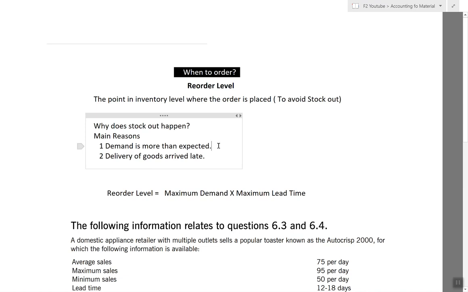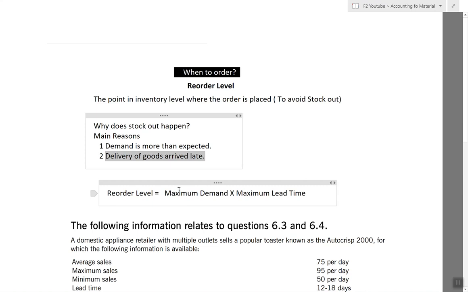When company placed order, the demand was the highest, because of which, before the new order came, the previous one was consumed. The second reason is, even though order was made on time, the delivery came late. They took the longest that it could take. So even if we sell the highest quantity, even if delivery comes very late, we should still have inventory until the last day.